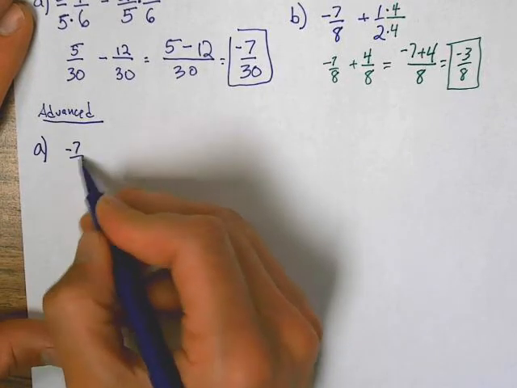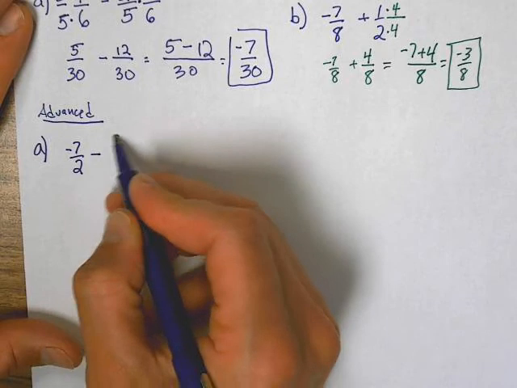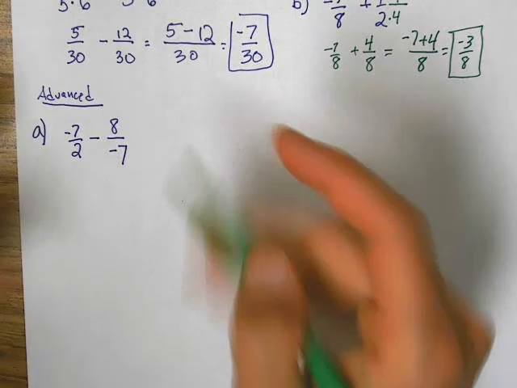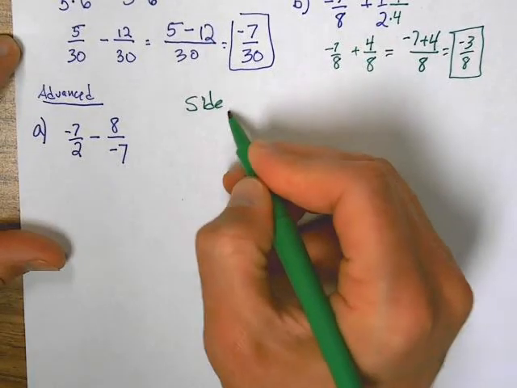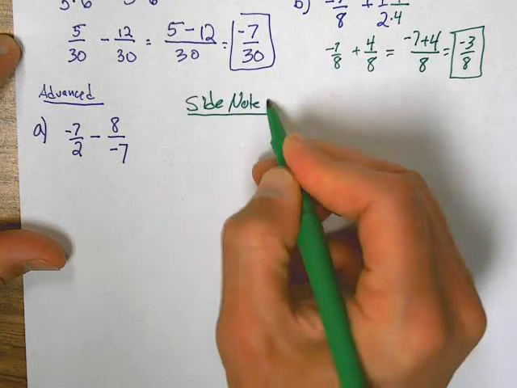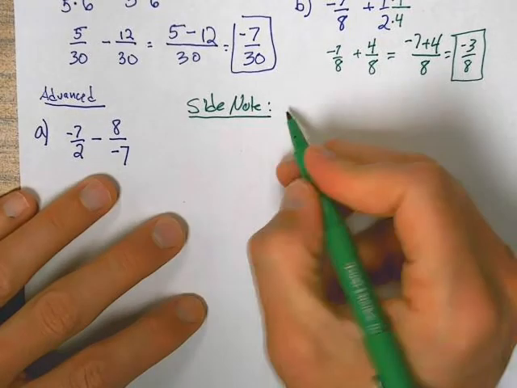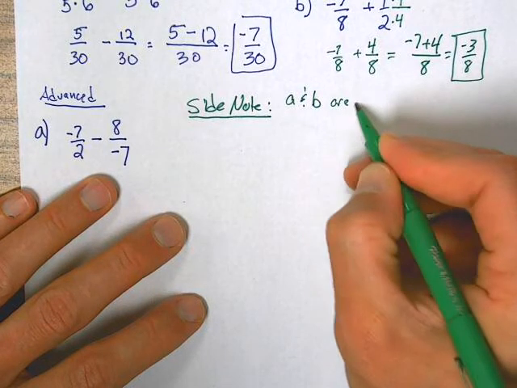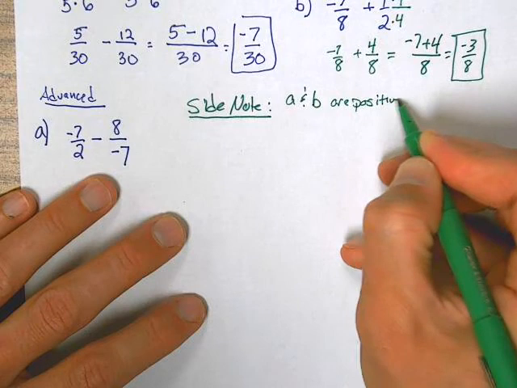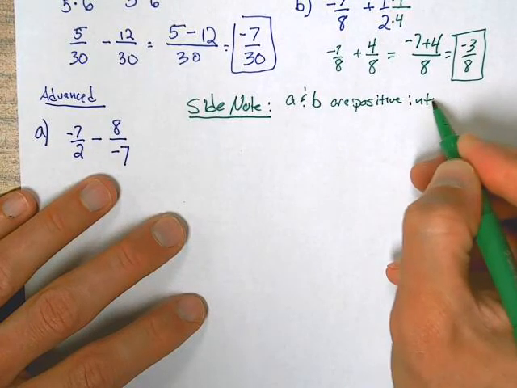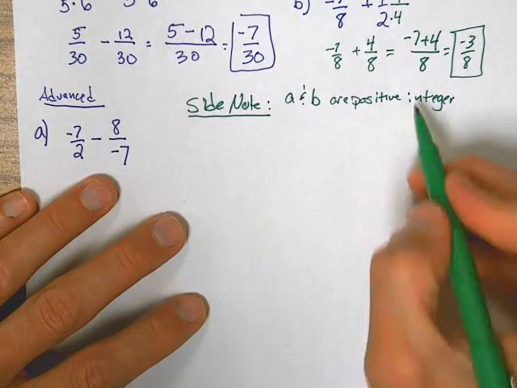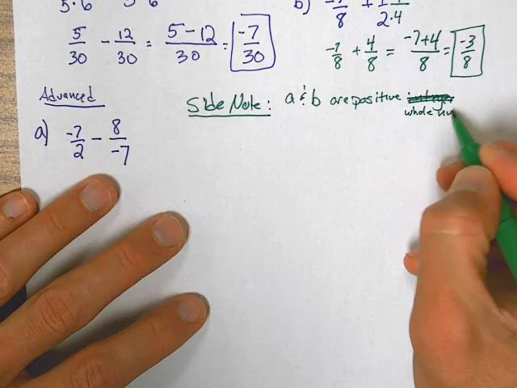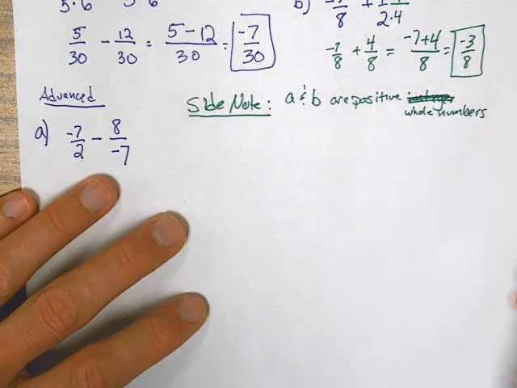If I have -7/2 minus 8/-7. So one side note that a lot of students get caught up on when they deal with fractions: let's say that A and B are positive whole numbers.